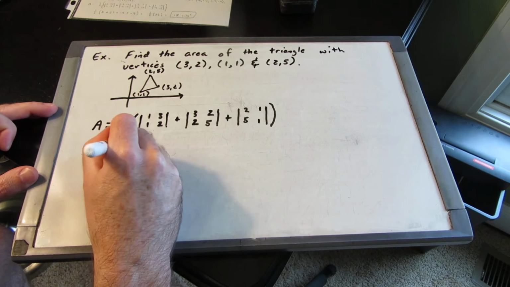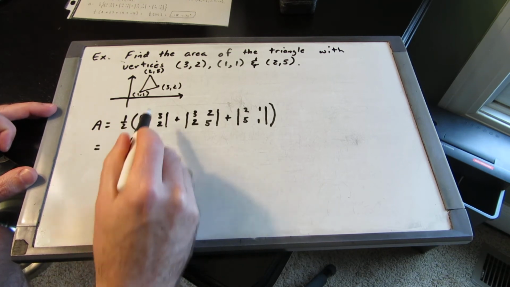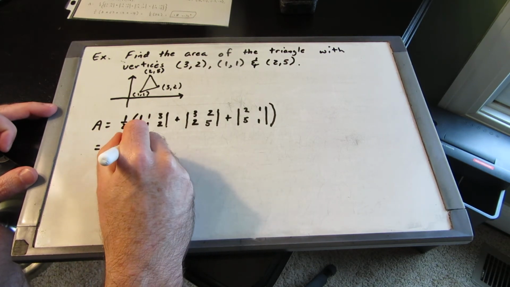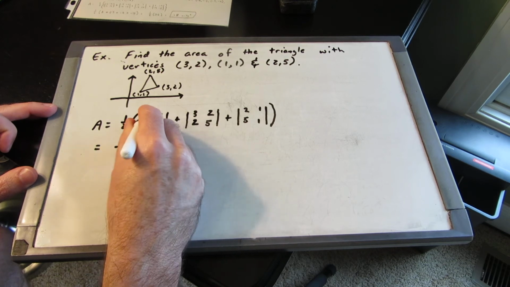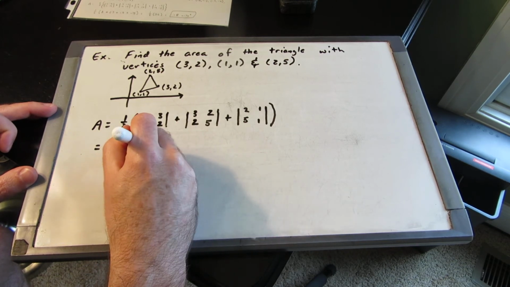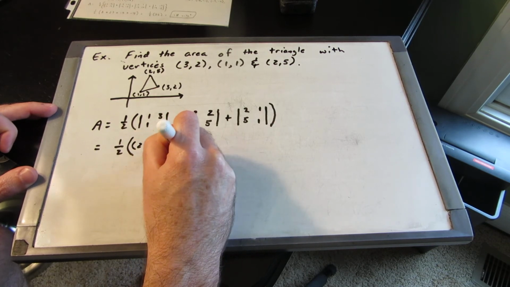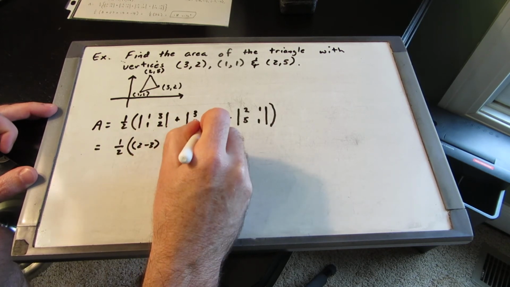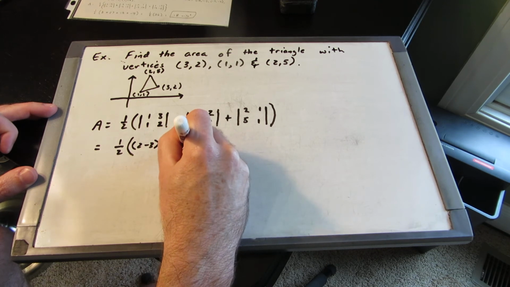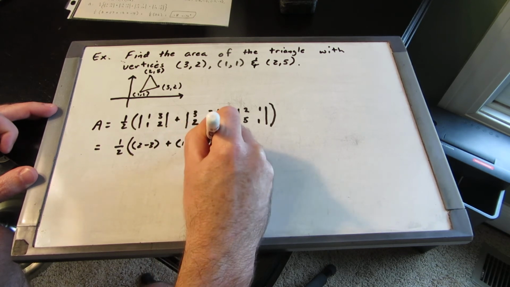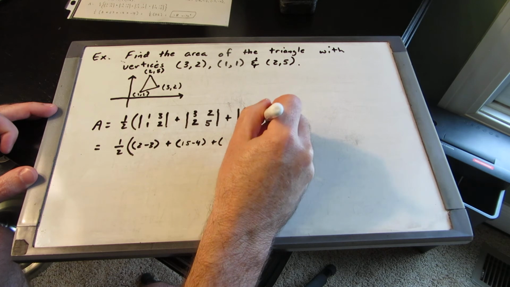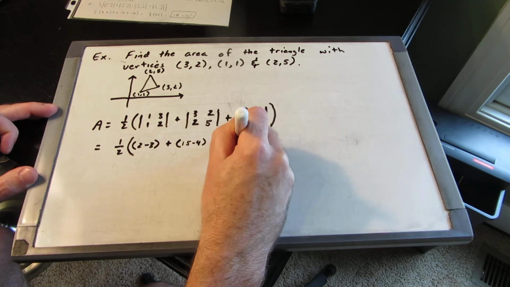So we've got 1/2. Okay, so the first one will be 1 times 2, 2 minus 3. So 2 minus 3. Plus the second one, 3 times 5 is 15 minus 4. And then the third, 2 minus 5.